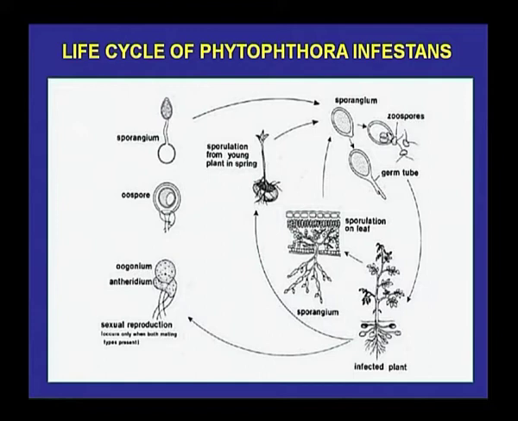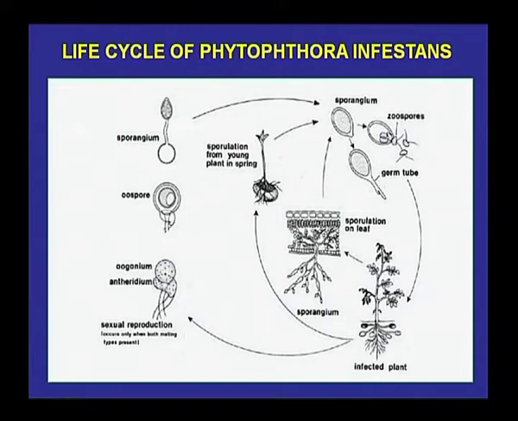This is the leaf section of the plant showing the sporangium coming out from the stomata, and this is how it again infects the plant in a recurrent cycle and completes it in an asexual way.